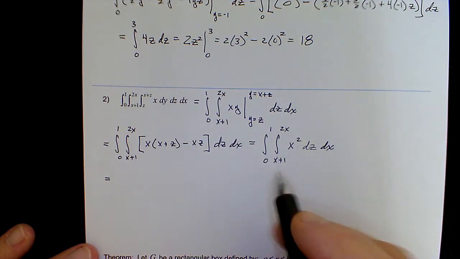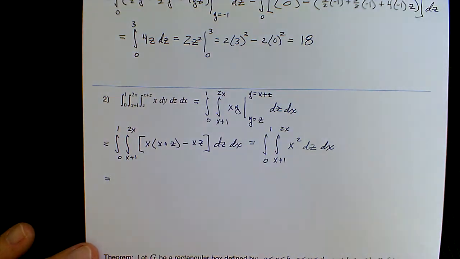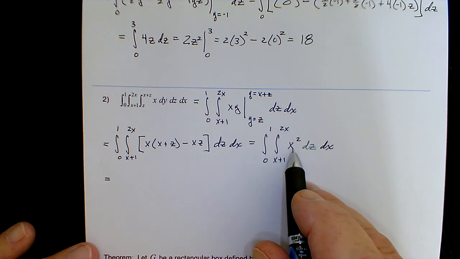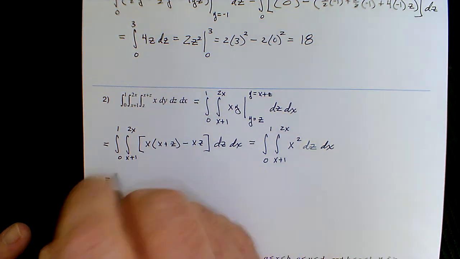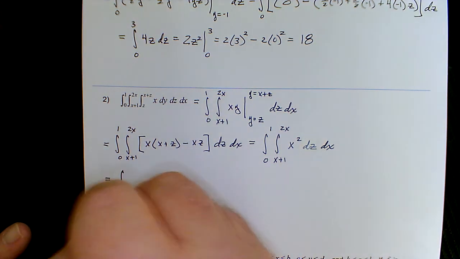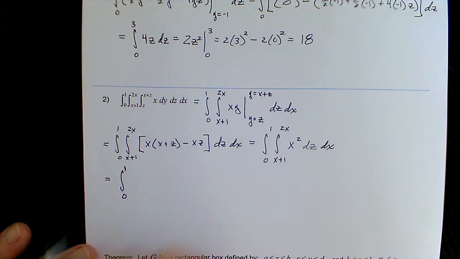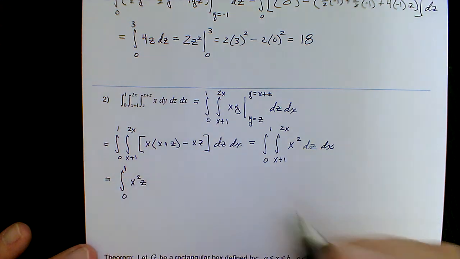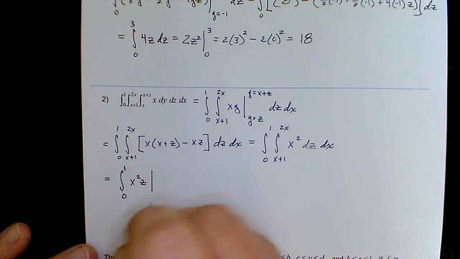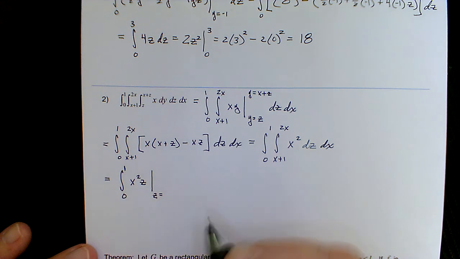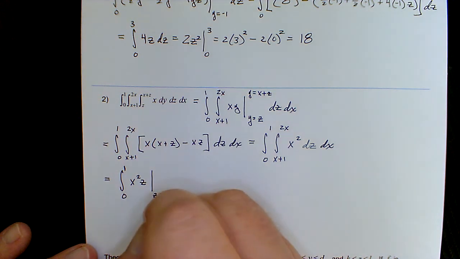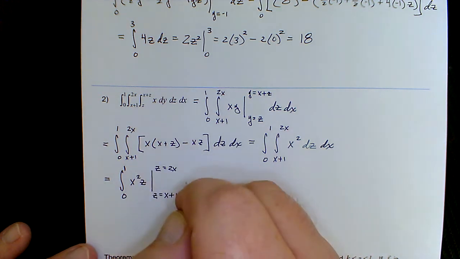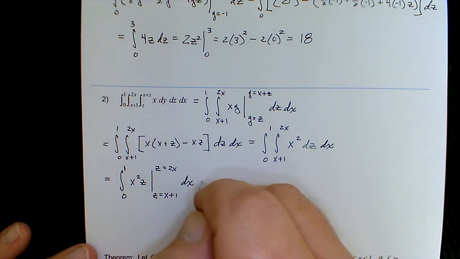Okay, so now we're integrating with respect to z, and x squared would be held as a constant, so you just pick up the z variable. So we recopy the integral 0 to 1, and we have x squared z, and that would be evaluated as z ranges from x plus 1 to 2x, and then that's going to be with respect to x.